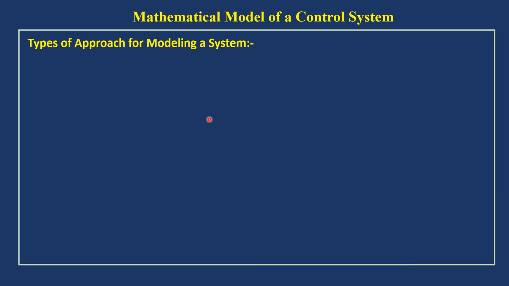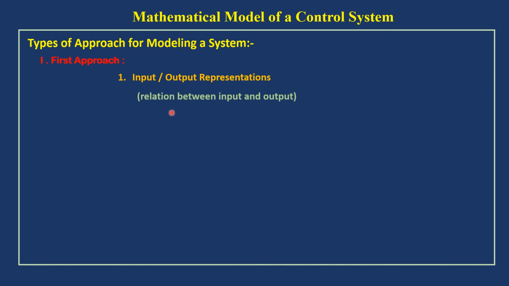And there are two types of approach for modeling a system mathematically. The first approach has two subdivisions. One is input-output representation, which is nothing but the relation between input and output. For the relation between input and output, there are two models.